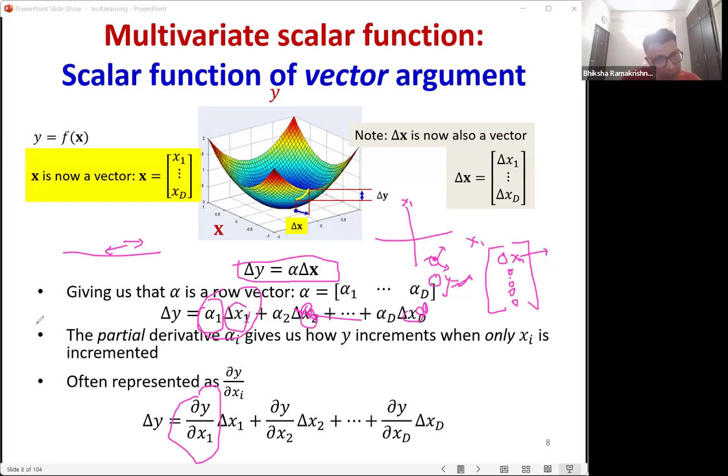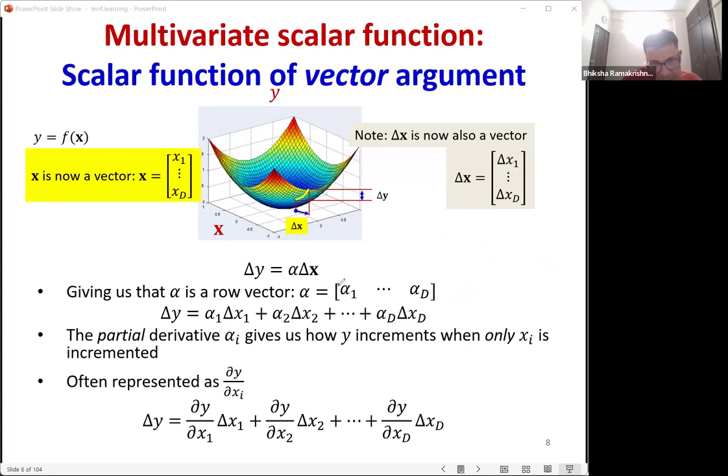And so this vector alpha is a vector of partial derivatives, where each one is a partial derivative with respect to one of the coordinates of x. Is this making sense so far? All of you? Yes, okay. So alpha is a row vector, right?